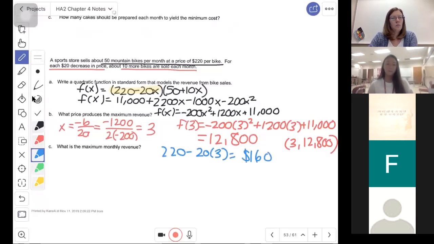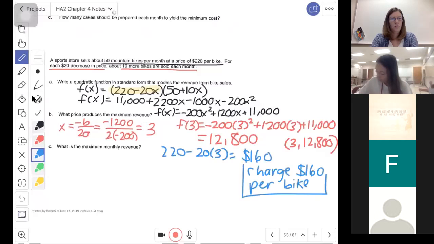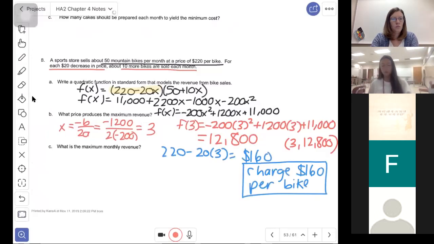So our sports store needs to sell each bike for $160. So charge $160 per bike. So remember, once you find that maximum, that may not be the answer. You need to answer what the question's asking.